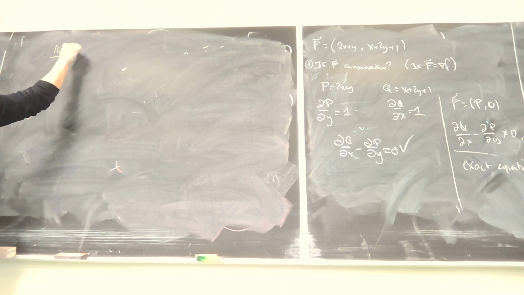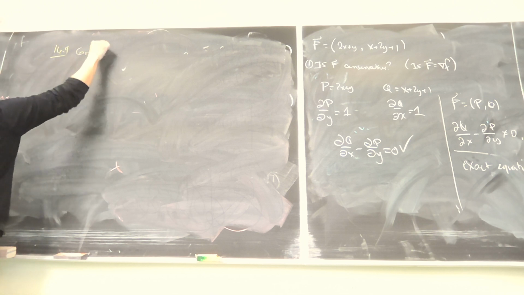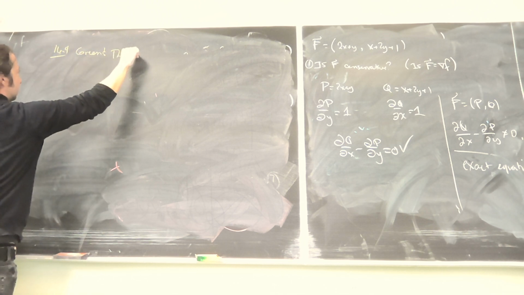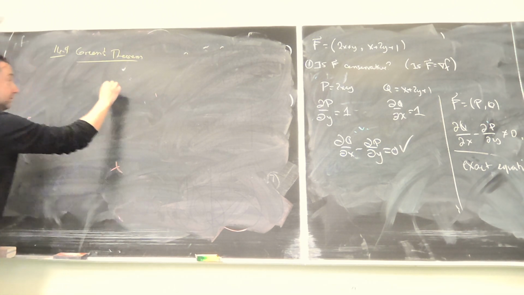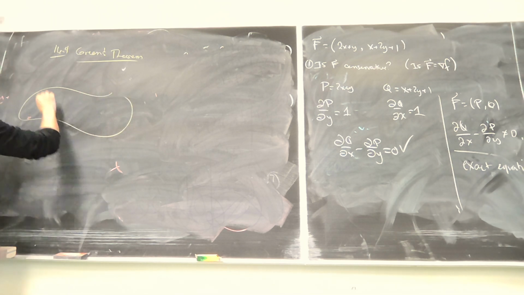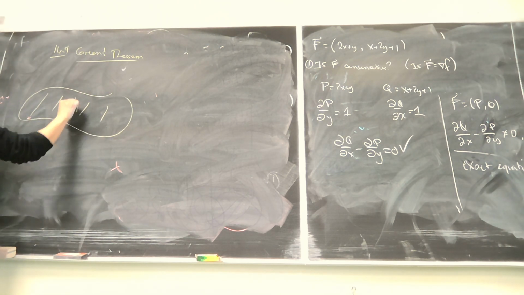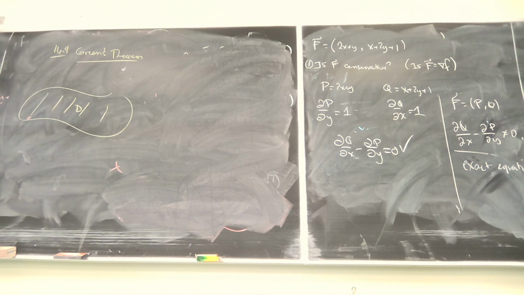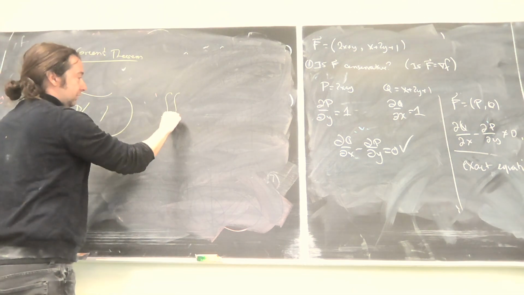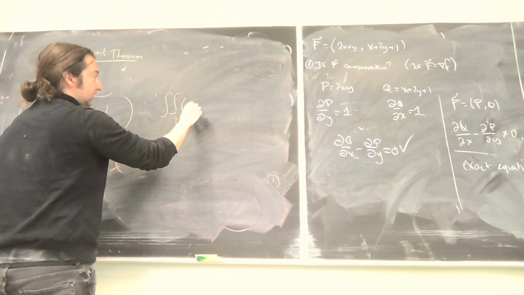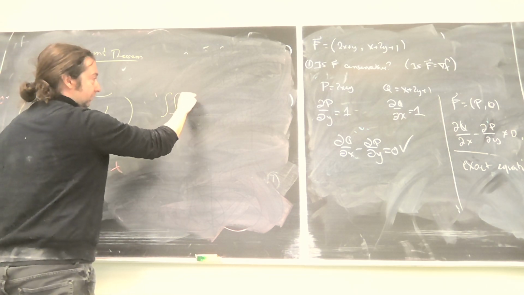16.4, I encourage you to read ahead. This is a chapter about a theorem called Green's theorem. What Green's theorem is going to give us is a way to relate a double integral on the inside of a region, so there's going to be some region D here, a double integral over D of a scalar valued function.